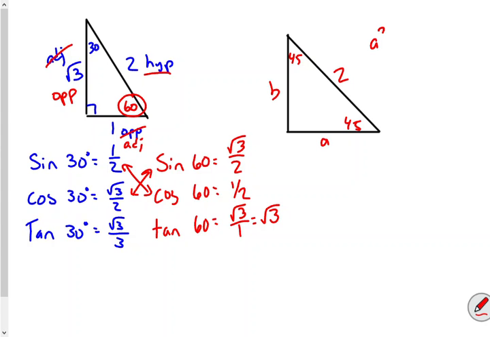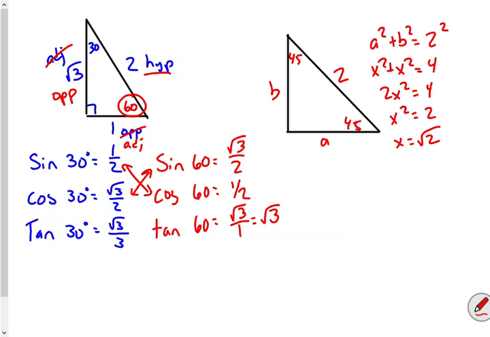So a squared plus b squared equals 2 squared. So we have, they're both x, so x squared plus x squared equals 4, or 2x squared equals 4, so x squared equals 2, so x equals square root of 2.